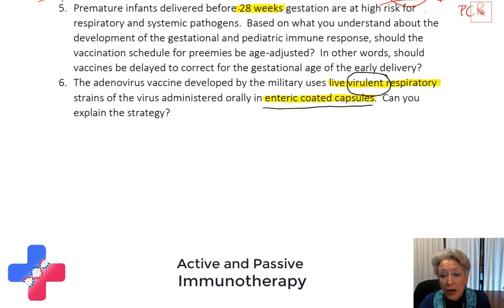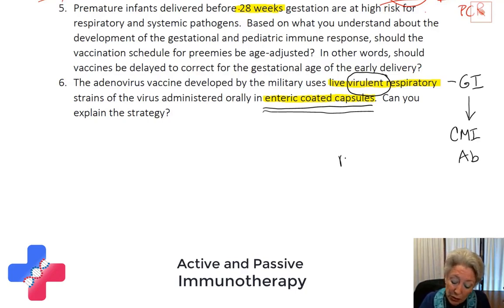Normal respiratory adenoviruses would attach to the upper respiratory mucosa, and they're not capable of surviving the gastric acidity. But when we deliver them in such a way that they make it through the stomach, they start an infection on the gastrointestinal mucosa, and that immunity, needless to say, is going to be both cell-mediated and humoral.